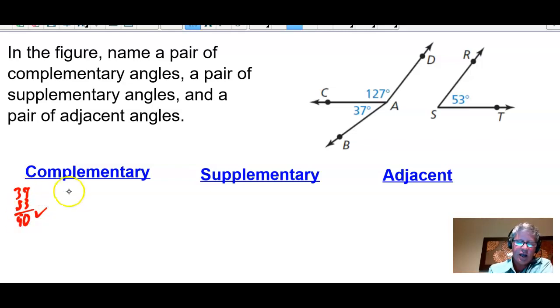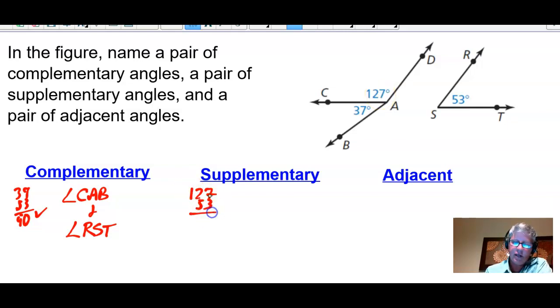So we would say angle CAB and angle RST are certainly complementary. Supplementary, any two angles that add up to 180. 37 and 127 are close, but not really. 53 and 127, let's try it out. 127, 53, 0, 8, 1, carry the 1, 180.